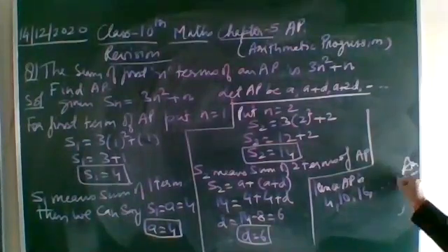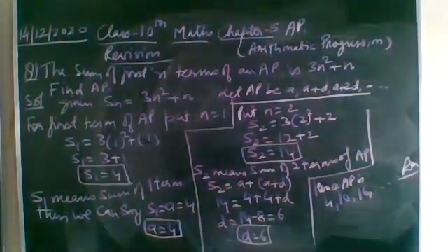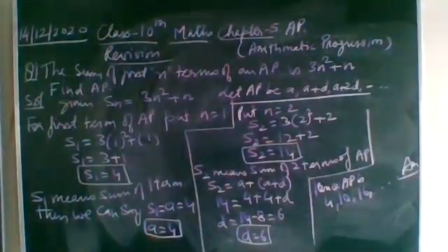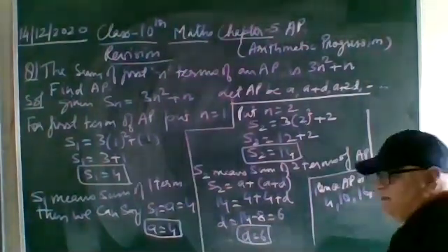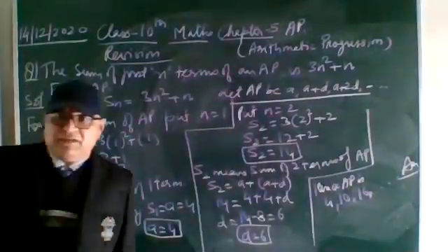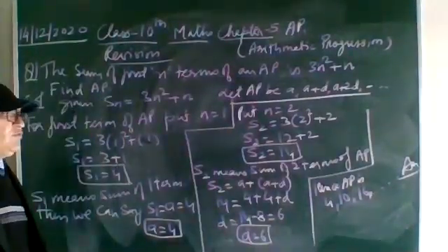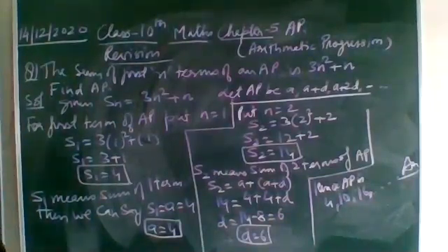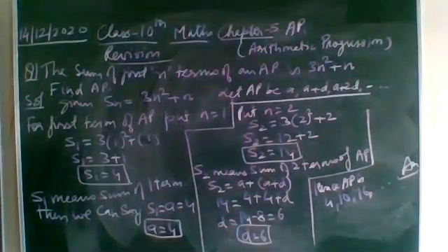So this is your final answer. Now this question can be done in another way also, but I feel this method is very easy, and this is the way you have to do the question in the exam. If you know another method, you can use it, but this is a very easy method to solve the question.